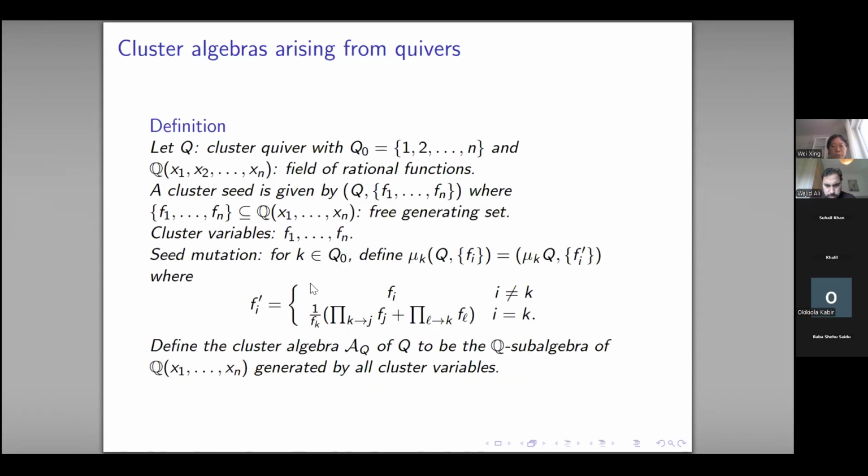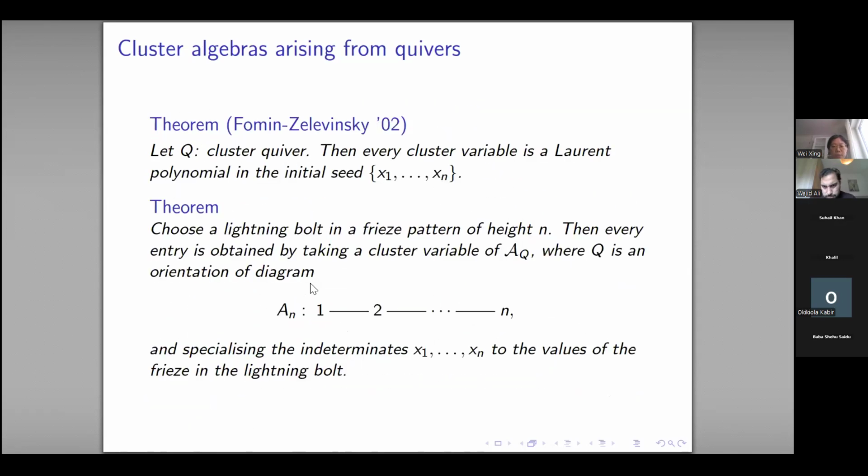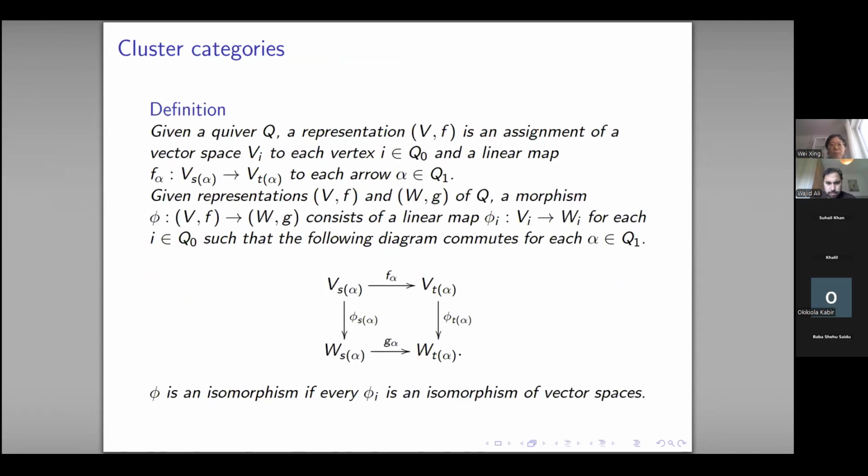And to do this, we need the language of cluster categories. Well, the cluster category is constructed as an orbit category of the bounded derived category of the quiver.